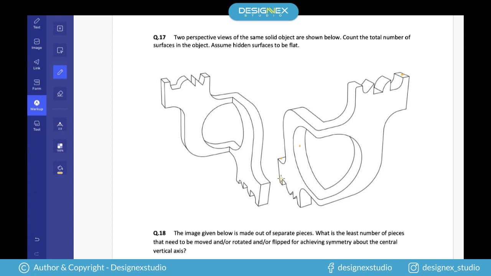Then you can just flip the image and continue from here, then count. So you can count the side ones, then you can count this face, 1, 2, 3, 4, and then the inside 5. So the answer for this would be 23.